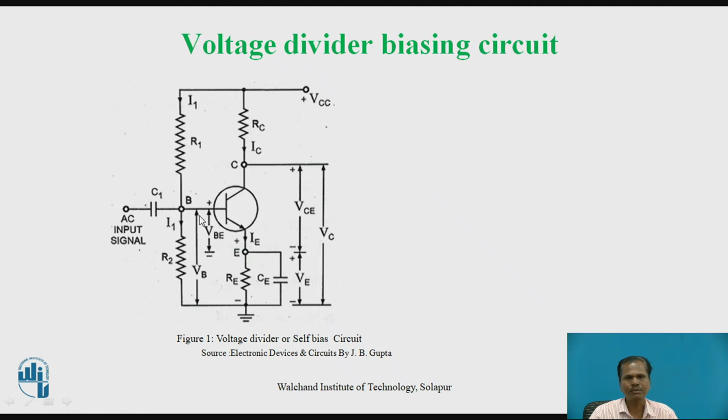The effective input voltage for the transistor is the voltage between base and emitter, and the voltage appearing across R2 is the voltage at point B at the base with respect to ground. So the effective input voltage for the transistor is VB, a resultant of the voltage appearing across R2 and, while the transistor is conducting, the voltage appearing across emitter resistor RE.